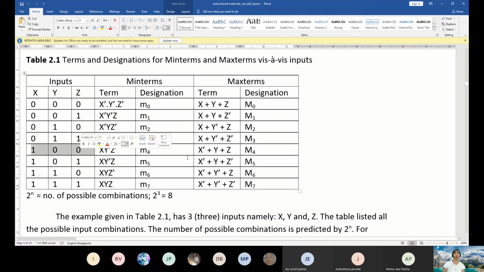For input 1, 0, 0, we have x prime plus y plus z. For input 1, 0, 1, x prime plus y plus z prime. For input 1, 1, 0, x prime plus y prime plus z. And 1, 1, 1 is x prime plus y prime plus z prime. So you have plus in between literals.